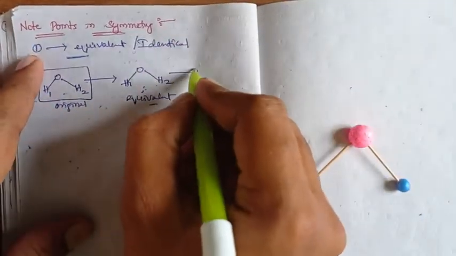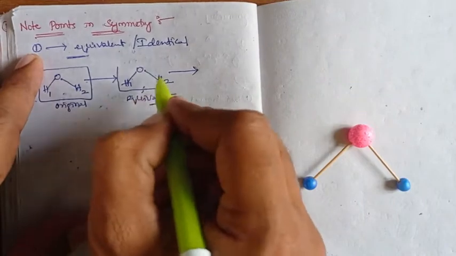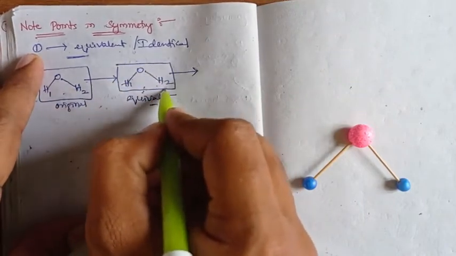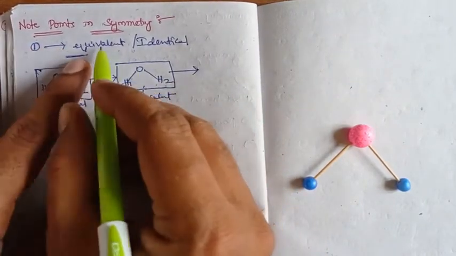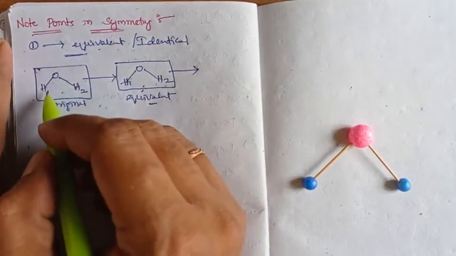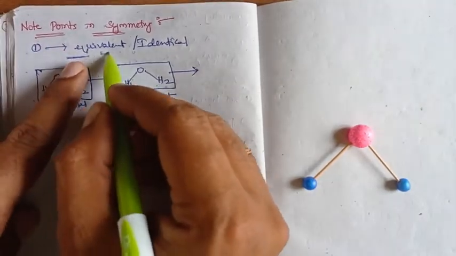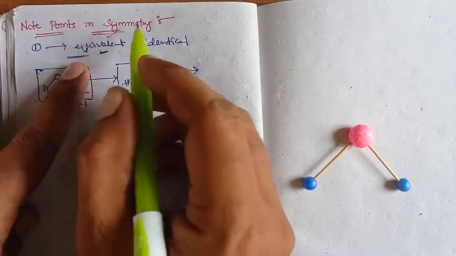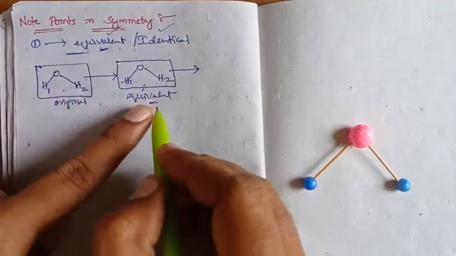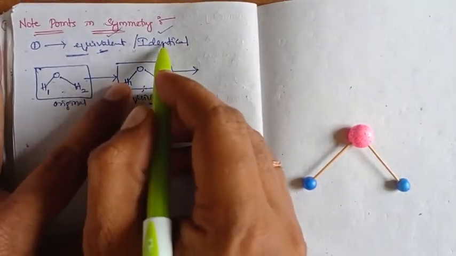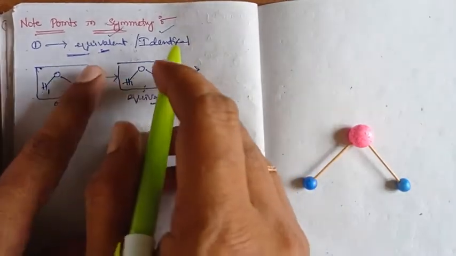The same holds when we apply the plane a second time. I said that after retaining the atom positions, the generated configuration would be either equivalent or identical. Equivalent we have proven. Now we have to go on to prove identical.